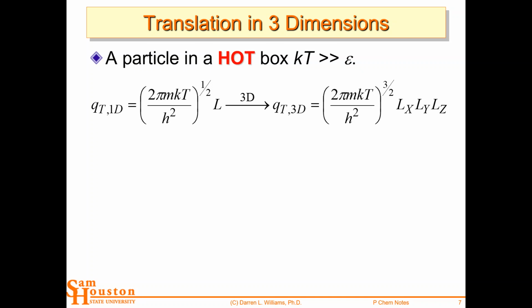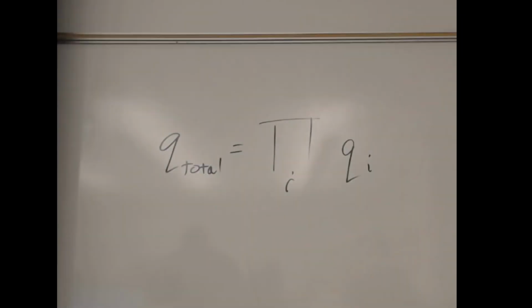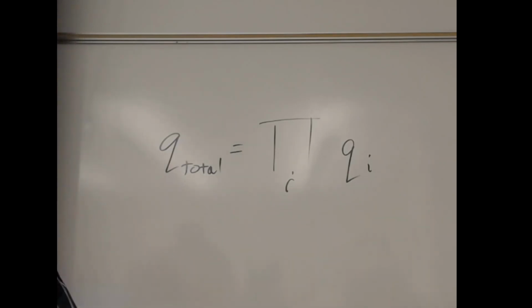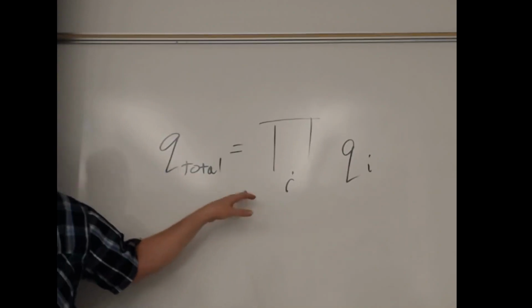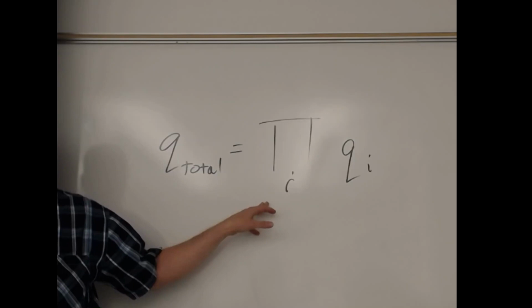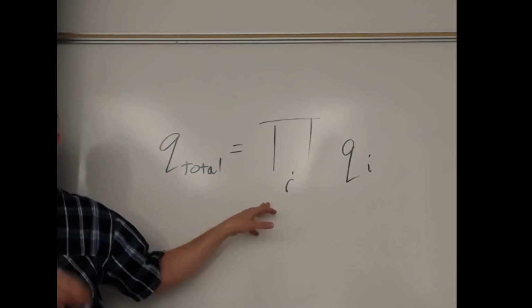So that's essentially the result of 3 of these one-dimensional partition functions multiplied by each other. I want to point this out for the video just to make sure that people get it down if you review it. The total partition function is going to be the product of individual partition functions. And we'll see this many, many times. We'll see the translation partition function times the rotation times the vibration times the electronic.